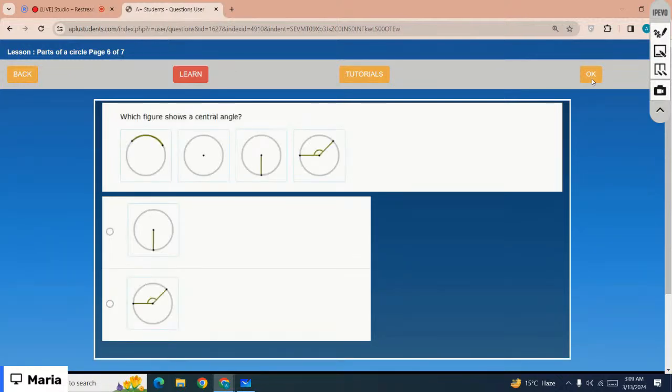Okay, which figure shows a central angle? Which is the correct option?